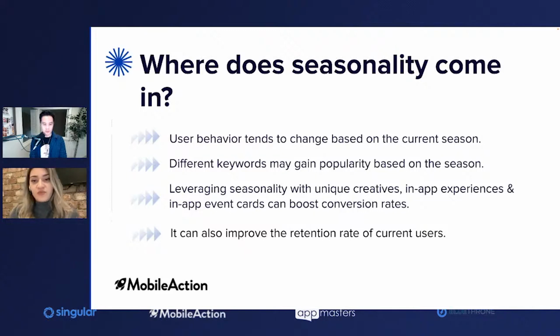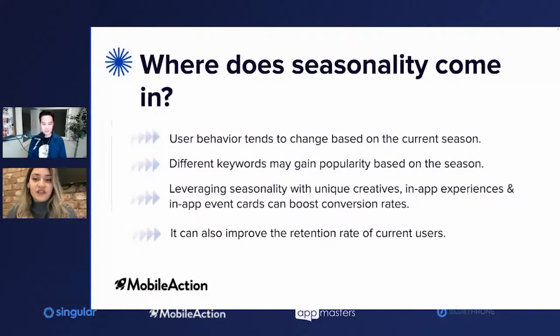Another thing that is really important to mention is that keywords have different search volumes. Obviously every keyword that you're ranking for is going to bring you a different level of visibility. And around the seasons, different keywords tend to get popular. So based on that demand, you need to optimize your keyword strategy so that you can really utilize the visibility that you're going to get from those.